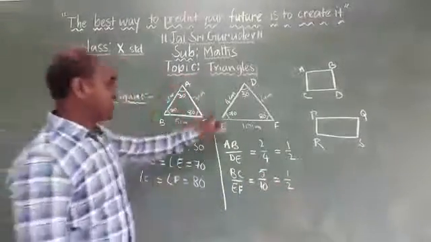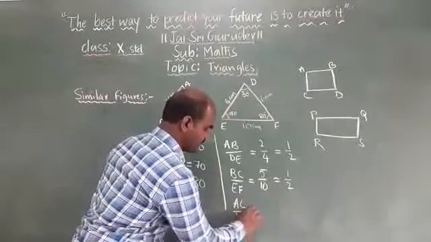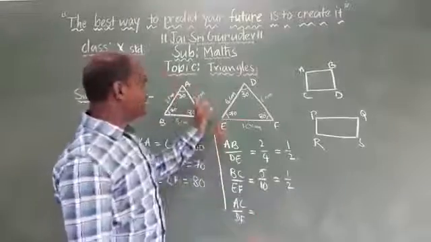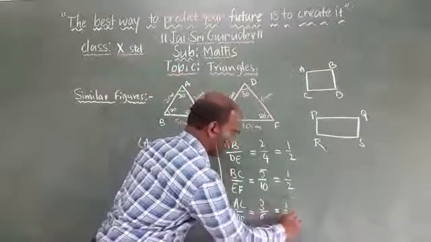Next, BC by EF is 5 by 10, which is 1 by 2. Next, AC by DF is 3 by 6, which equals 1 by 2.